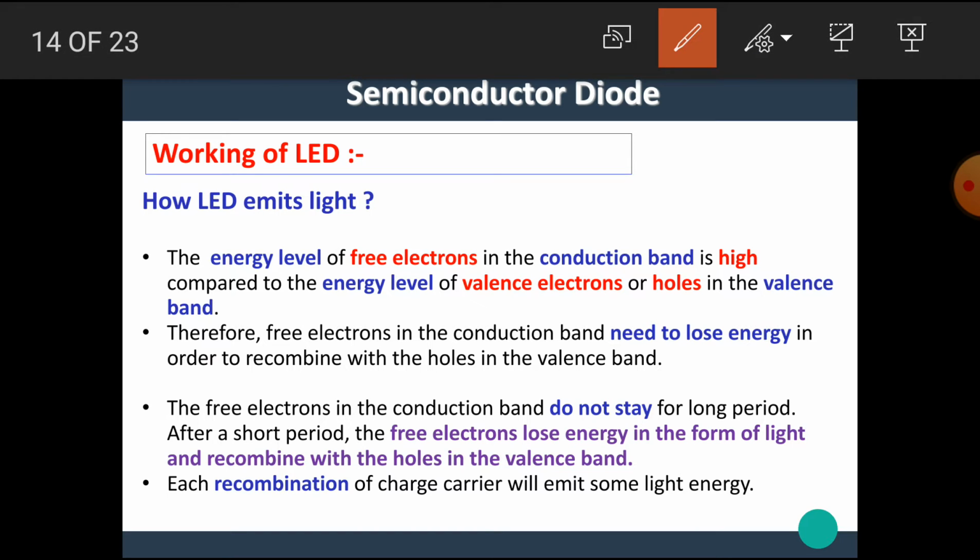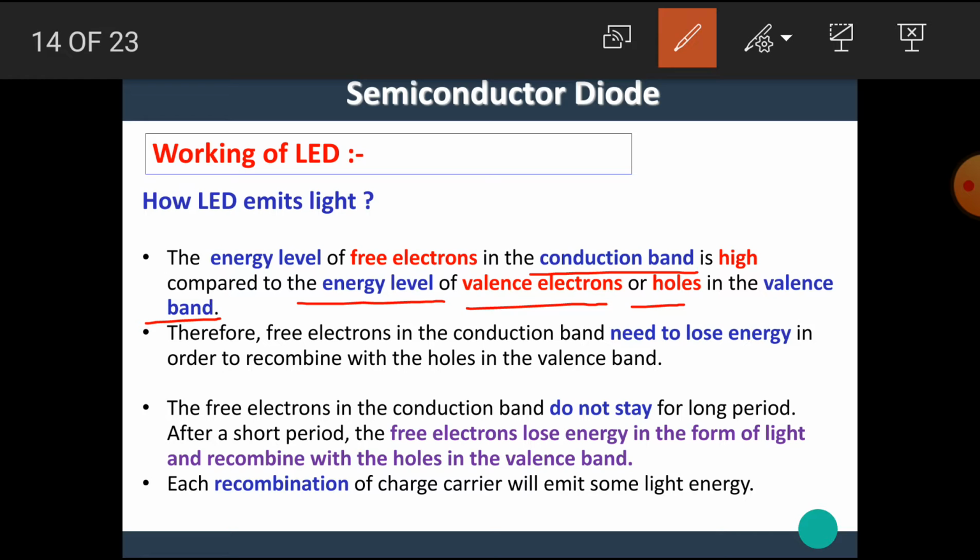The energy level of the free electrons in the conduction band is high compared to the energy level of valence electrons or holes in the valence band. That means the electrons in the conduction band are at a higher energy level than the holes in the valence band. Okay.